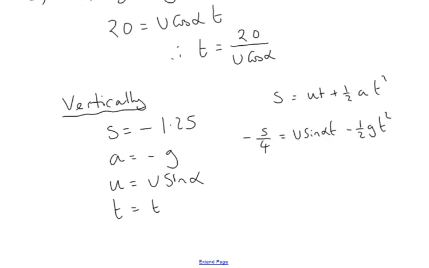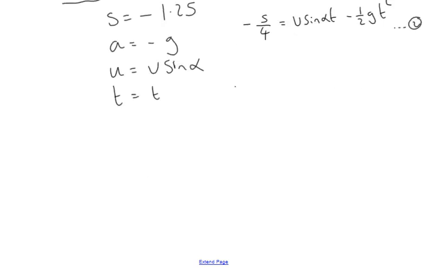And so if we call this number 1 and this number 2, then what we're going to do is to substitute 1 into 2, and I need a little bit of space, so I'm going to do it under here.